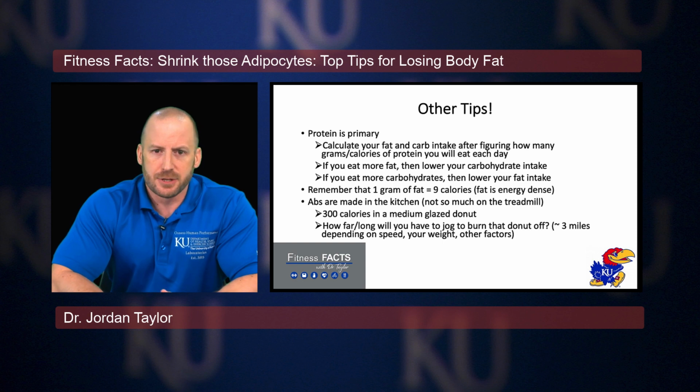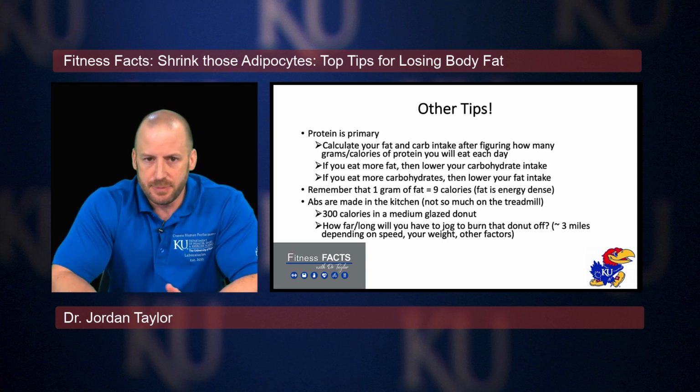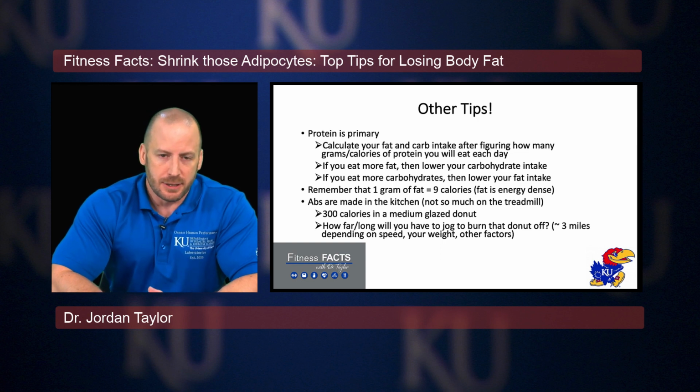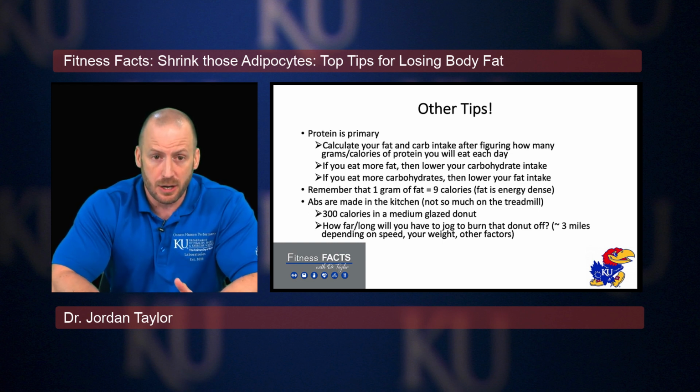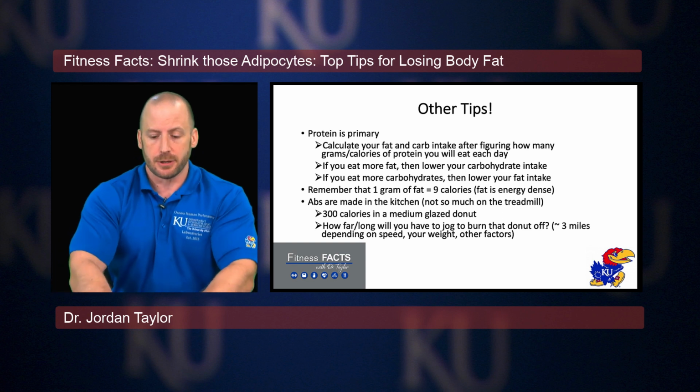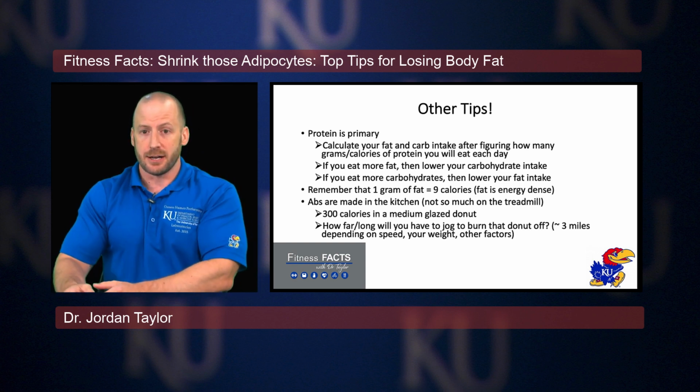If you're of average weight, there's a lot of factors here. Say, 150 pounds. Depending on the speed you're running at, your weight, some other factors, you may have to run for about 3 miles at a steady jog to burn off those 300 calories. So you're looking at burning about 100 calories per mile.